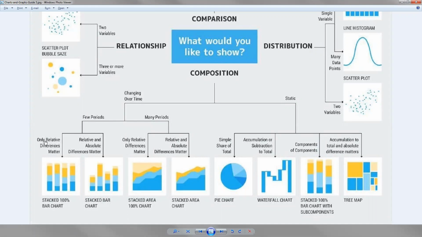Are we only trying to get the relative differences between the elements that we are comparing, or do we also need the absolute plus relative differences? Let's go to Tableau and create these charts and discuss them in depth.